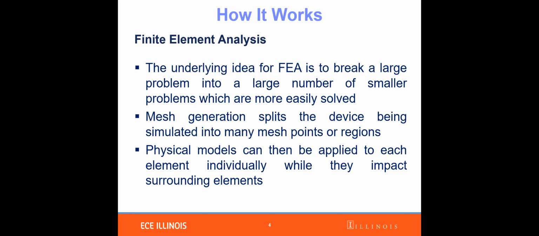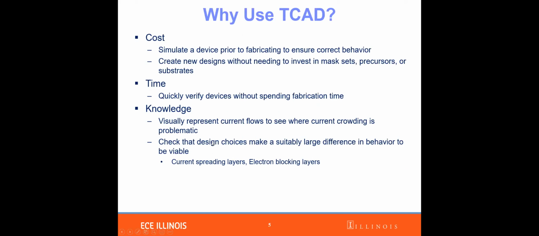In order to do that, we need to generate meshes, which is to discretize the continuous space into finite space. So the second part is the mesh generation, and then we can solve the partial differential equations based on the mesh we generate.